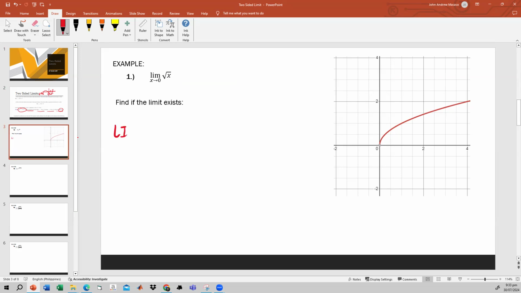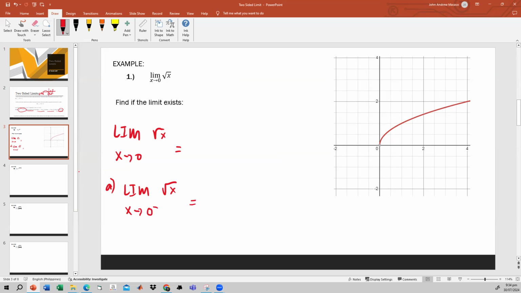So the first condition is that you must take the limit of square root of x as x approaches 0 from the left.